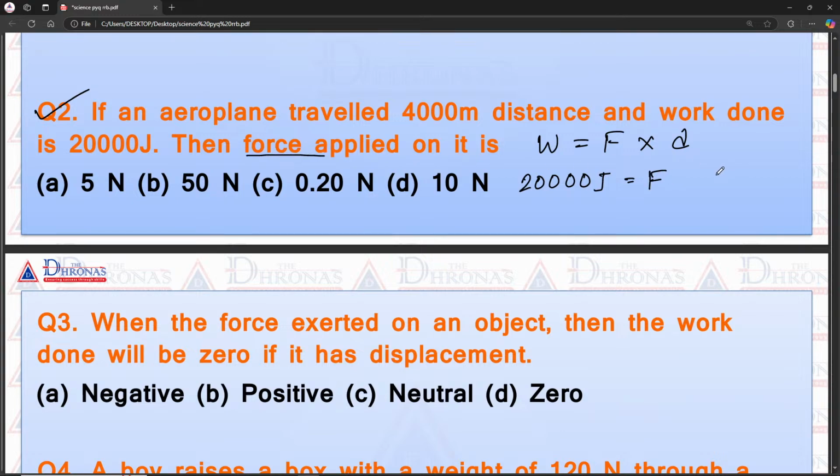Force से पूछा गया, कितना displacement हुआ है, 4,000. So force will be 20,000 divided by 4,000, which is 5 Newton. So the answer is 5 Newton.